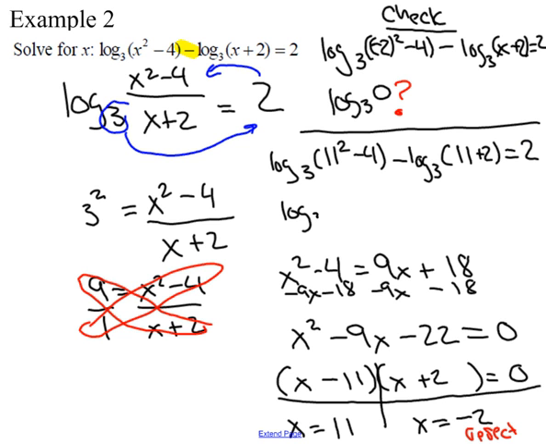Okay, so this is going to be log base 3, 11 squared is 121, and 121 take away 4 is 117, minus log base 3, 11 plus 2 is 13.